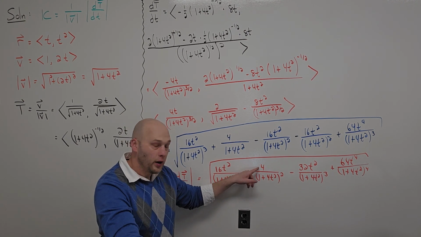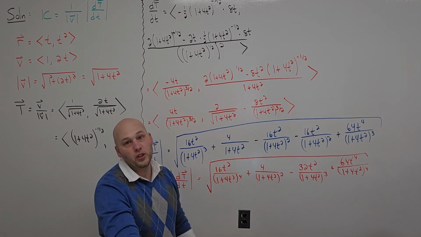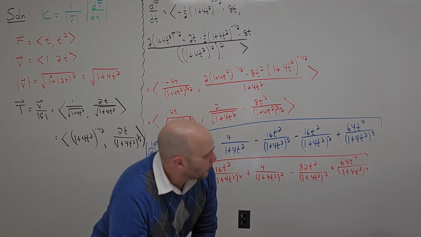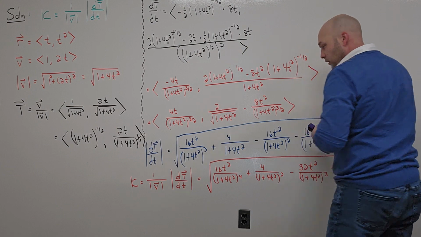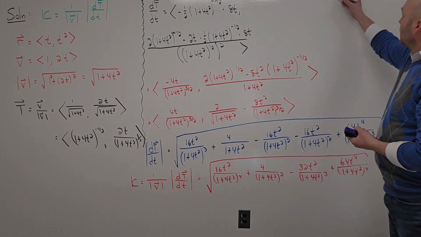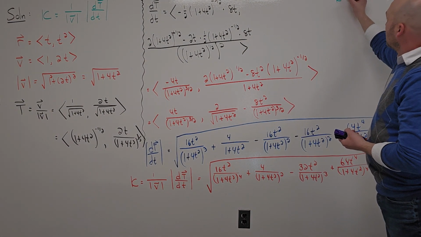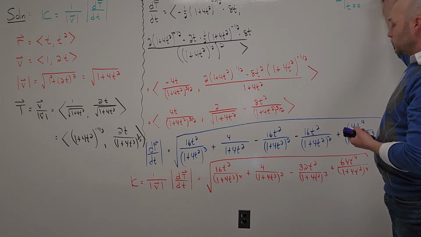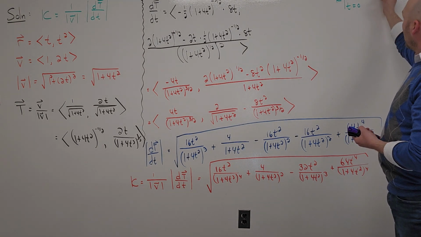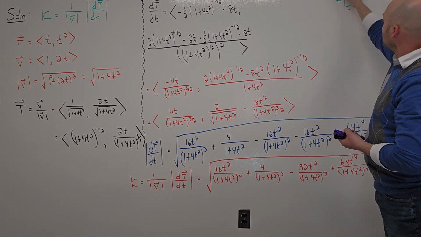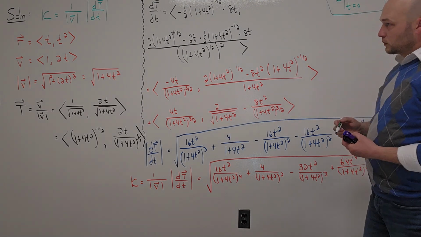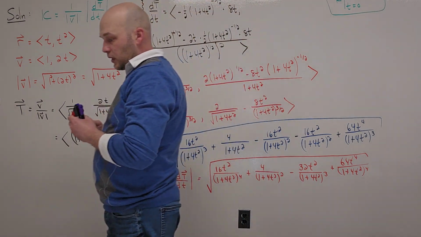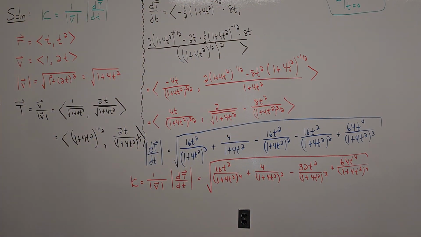Then I get 4, so it'd be the square root of 4, which is 2. So therefore, the curvature evaluated at t equal to 0 is equal to the square root of 4, which is 2. Okay. So there is the curvature of the parabola at the origin.